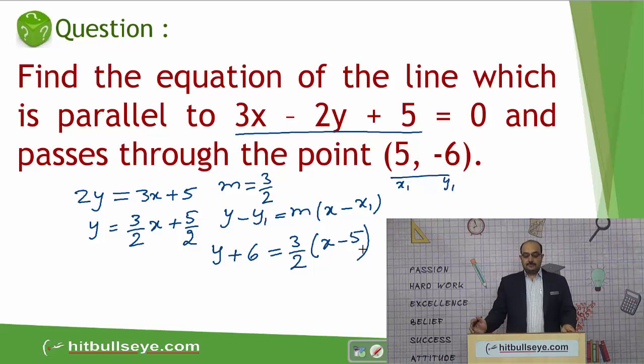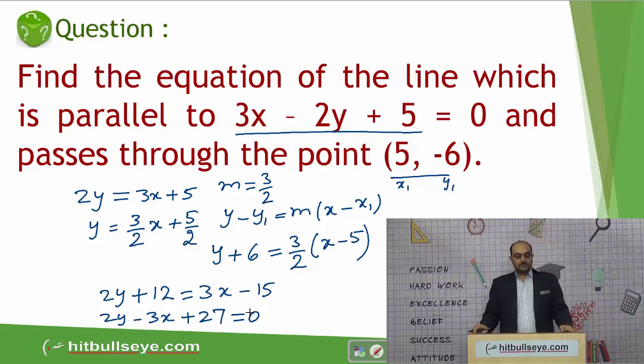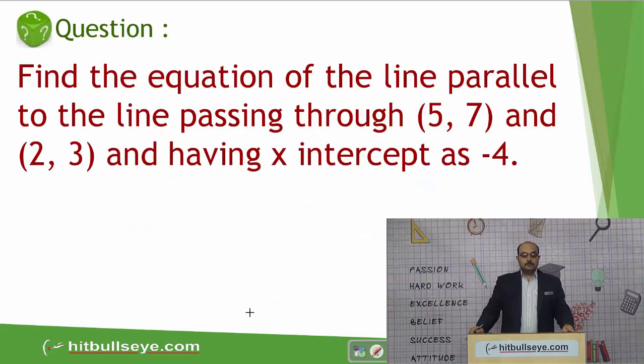This gives us the equation. We can solve it further: 2y plus 12 equals 3x minus 15. Now we can transform, so this becomes 2y minus 3x plus 27 equals 0. So that's your answer. Find the next one.